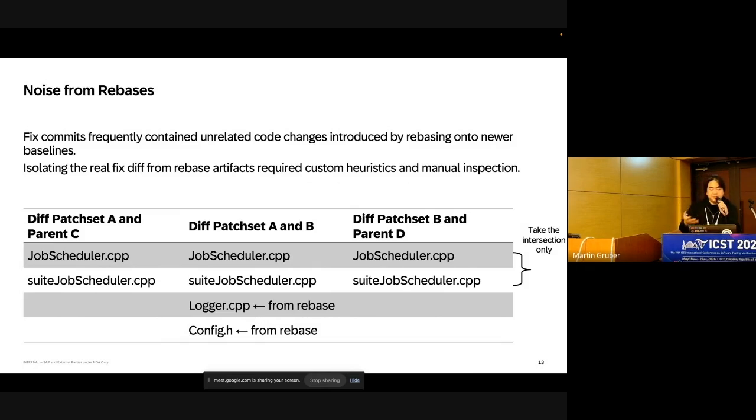So we took only the intersections, but this heuristic may miss some possibly relevant changes, but that was the approach we could take.